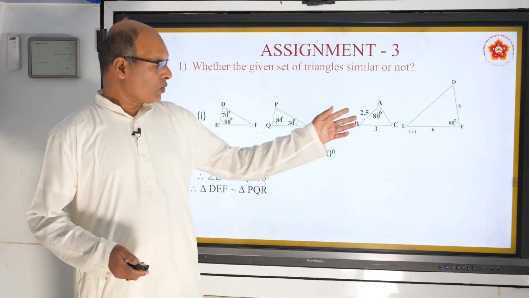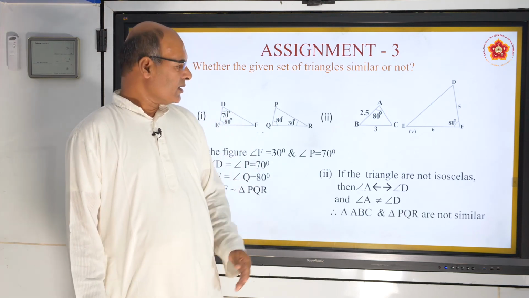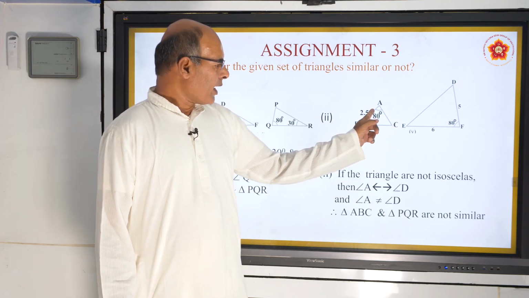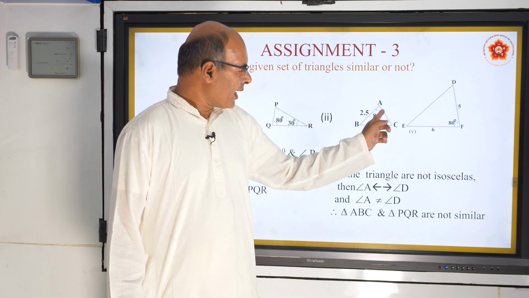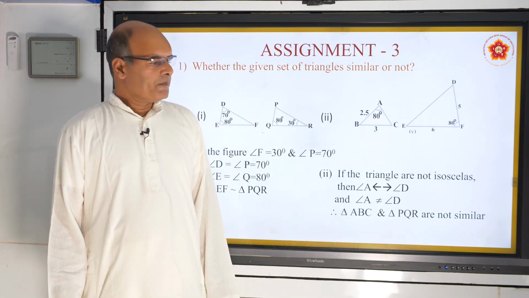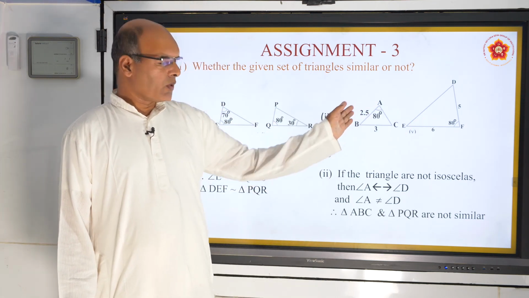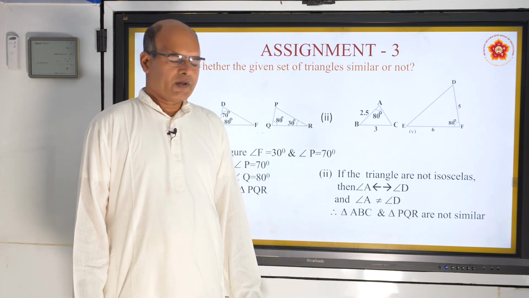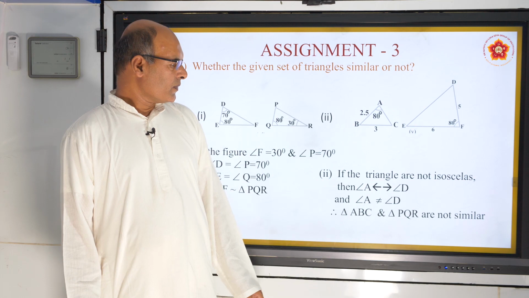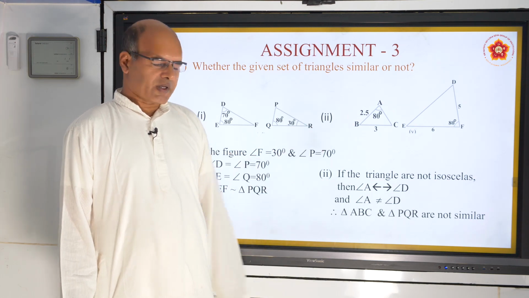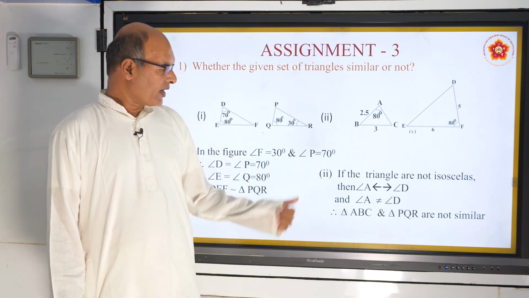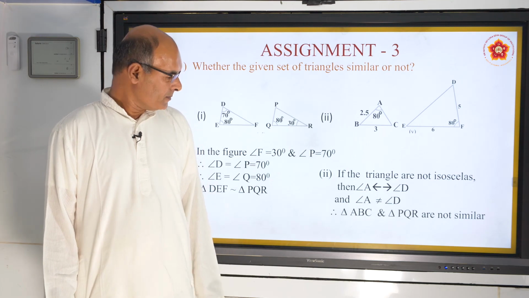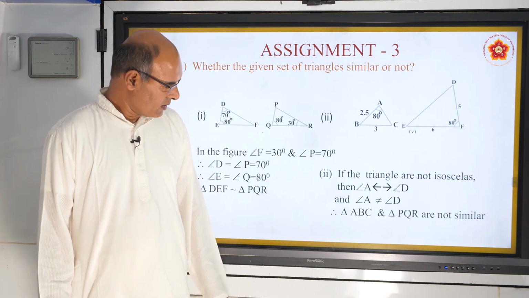So let us assume these two triangles are not isosceles triangles, and therefore the angle corresponding to A is angle D. So they are not equal here. Assuming that they are not isosceles triangles, the corresponding angles are not equal, or the ratio of the corresponding sides are not equal. Therefore the triangles are not similar. So look at the answers.